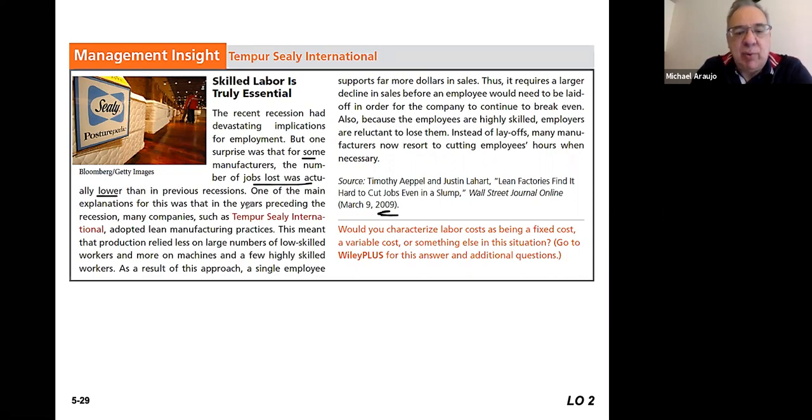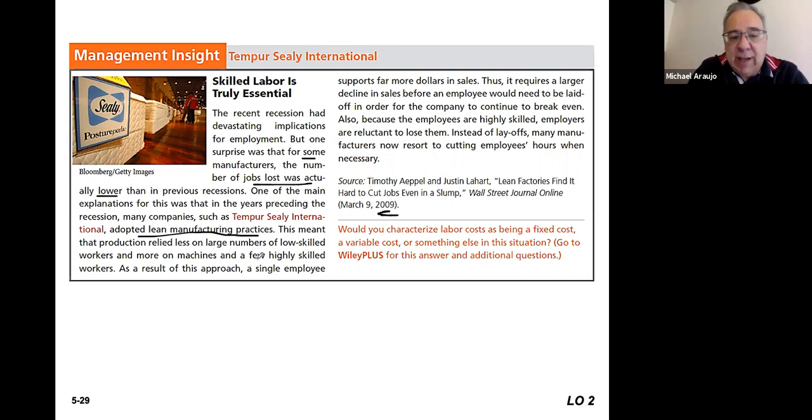Well, because during the preceding years, many companies adopted lean management practices. And so that meant a couple of things, actually. They were automating. There's a continuing trend in automation in manufacturing. So more and more of the tasks are done by robots or on an automated line, and there's a little less reliance on certain labor groups, particularly on low-skilled workers who used to be on the assembly lines by the thousands.